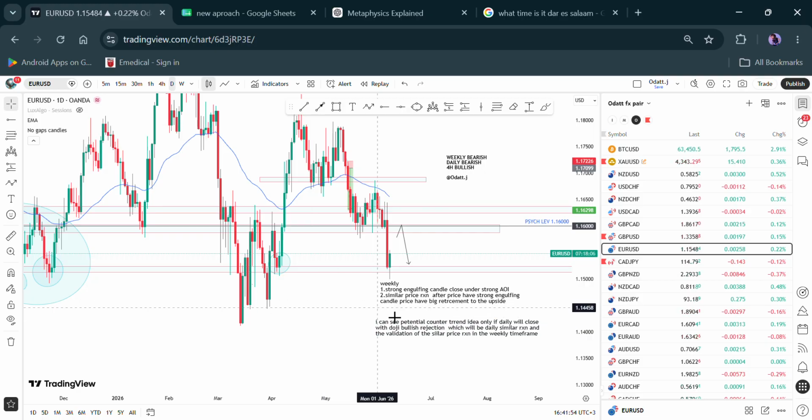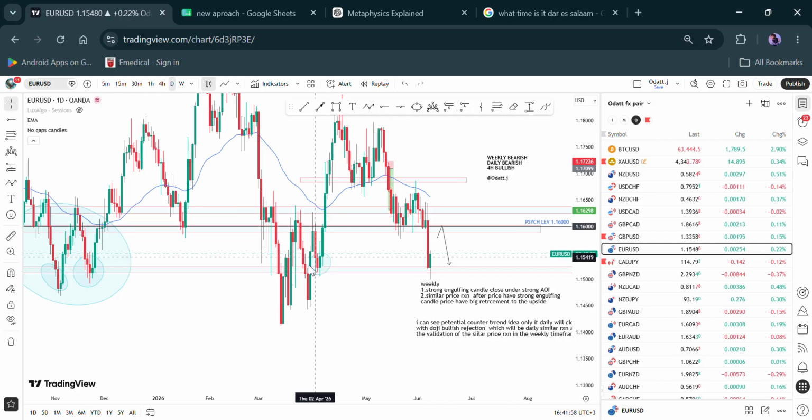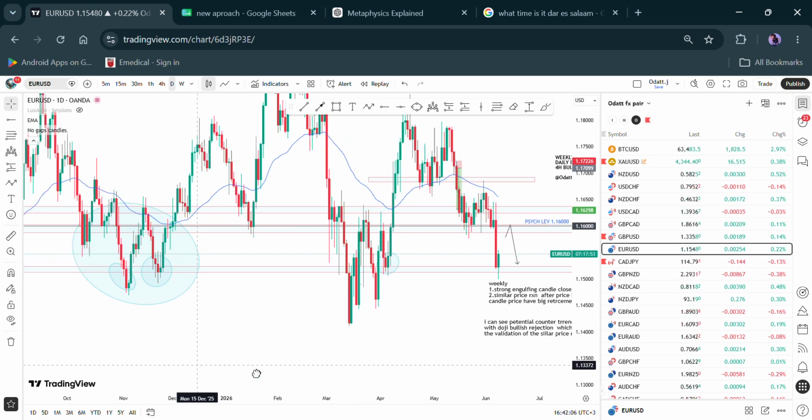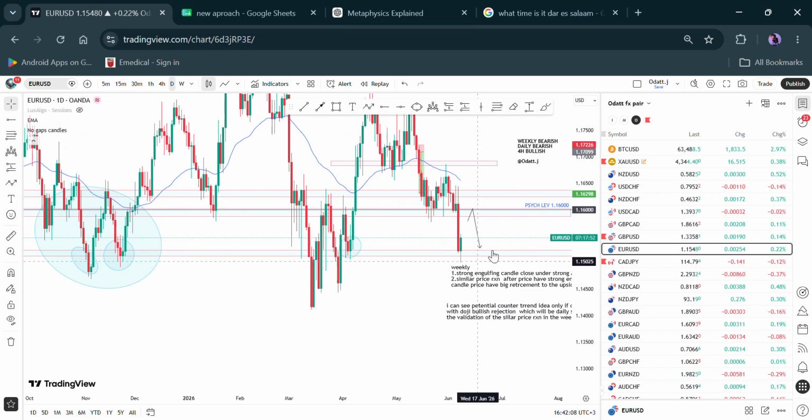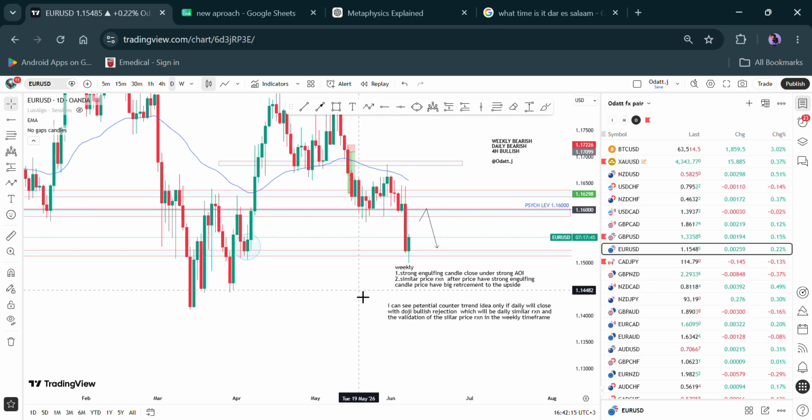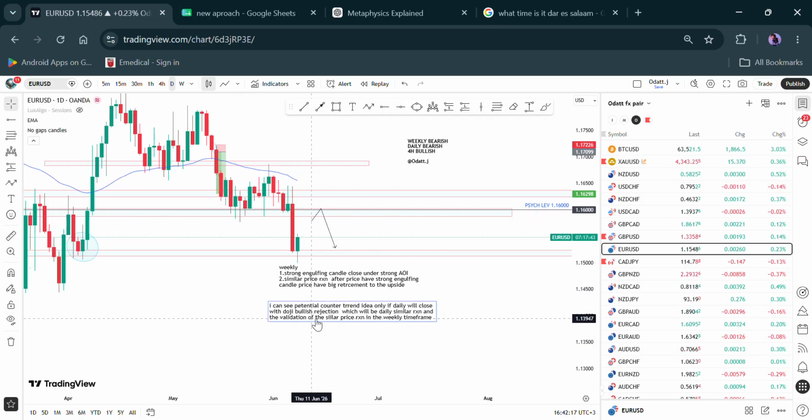If daily closes with a doji bullish rejection, that will create a similar price reaction. Whenever we have a strong push to the downside, there is doji rejection to the upside, then a strong bullish push. The price repeats itself. That's simple. So that is what I'm interested in.